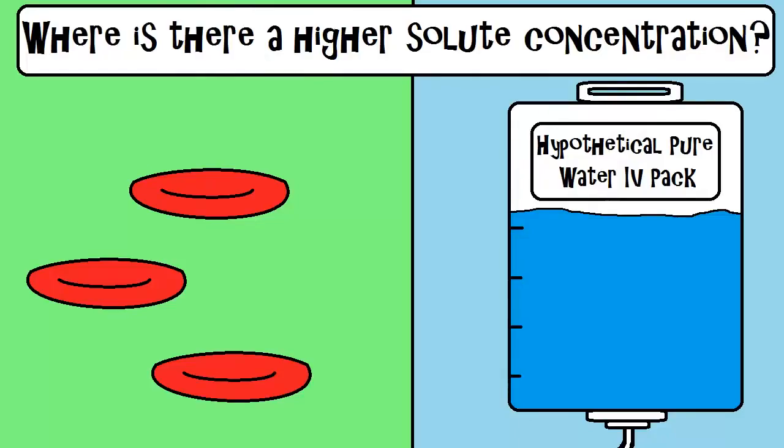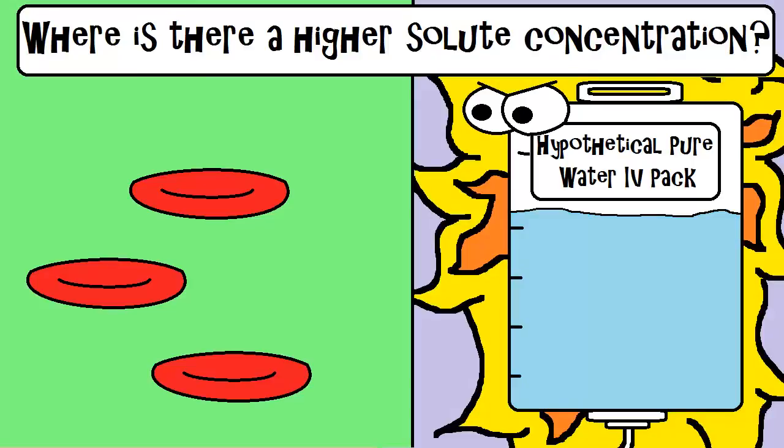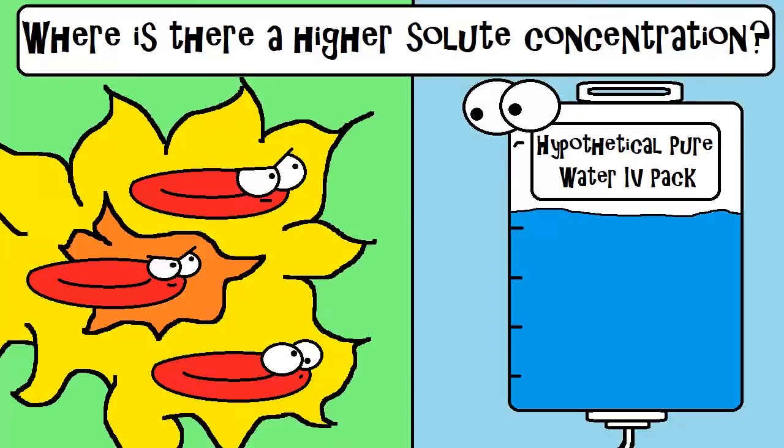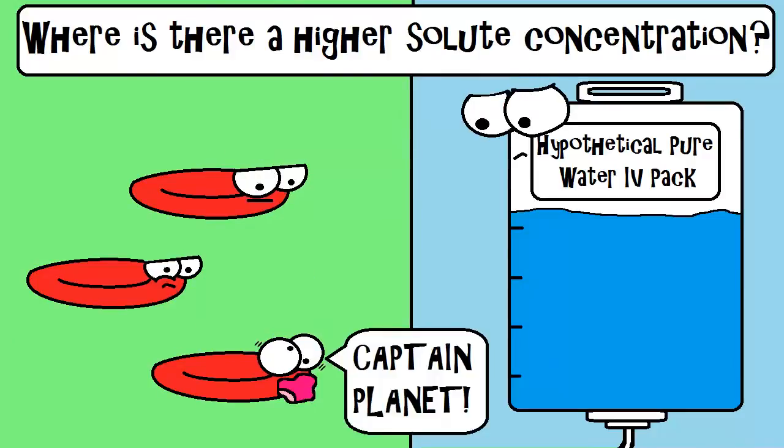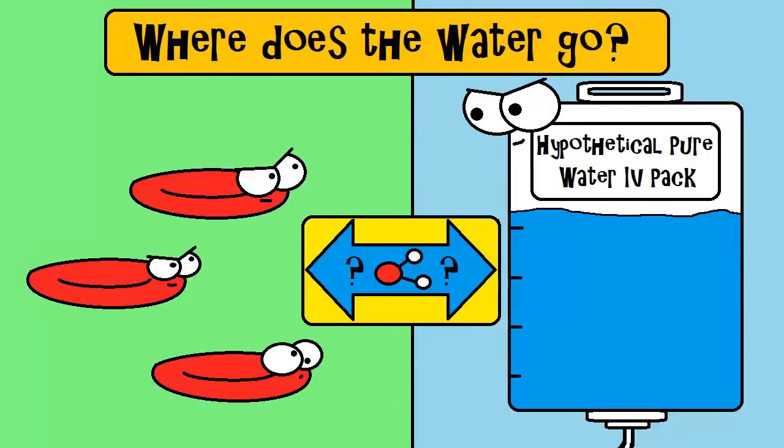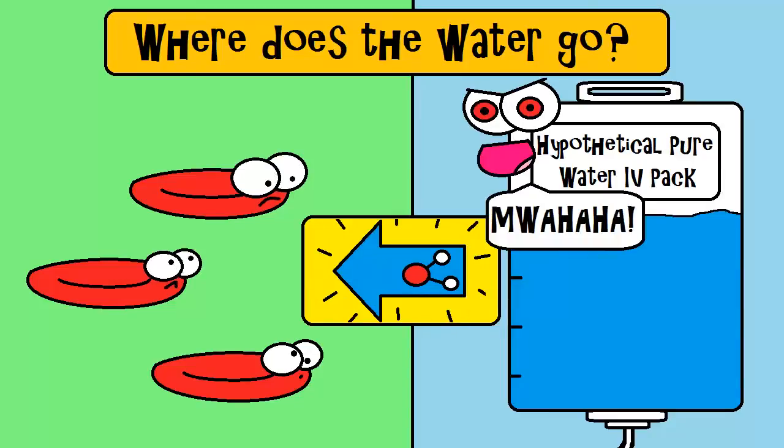So what do you think has a greater solute concentration? The hypothetical pure water in the IV tube, or in the red blood cells? Remember, cells are not empty vessels. They do contain solutes. The pure water that hypothetically is running through this IV tube has no solutes. It's just pure water. So where does the water go? Remember, it goes to the area of higher solute concentration. So it's going to go inside the cells.